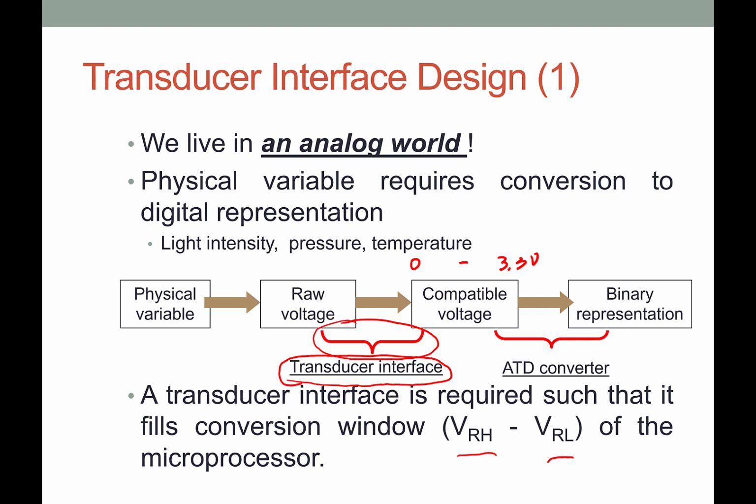But the raw voltage here, it could be something from -15 to -2. You don't know, but somehow you're going to have this transducer interface that takes this -15 to 0 and takes this -2 to -3.3. Or you're going to have the ability to change those levels in the board or the A to D conversion so that this is considered the high and this is considered the low.